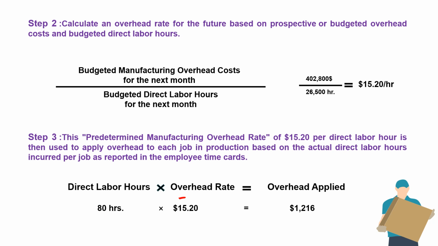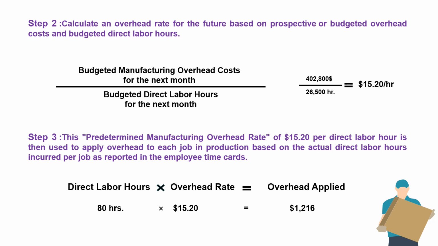If our overhead costs are predicted to run at about $15.20 per direct labor hour, and we multiply the actual measured 80 hours times $15.20, then we're suggesting that the amount of overhead costs that should be included in job 351 is $1,216.